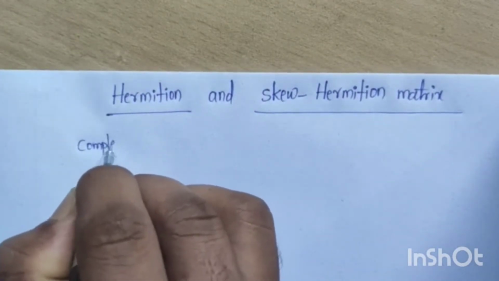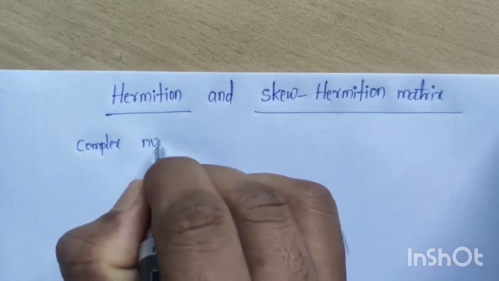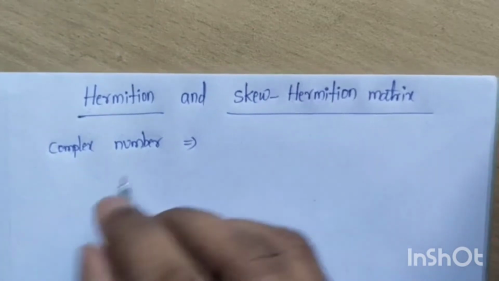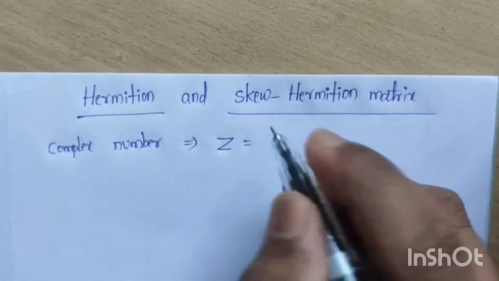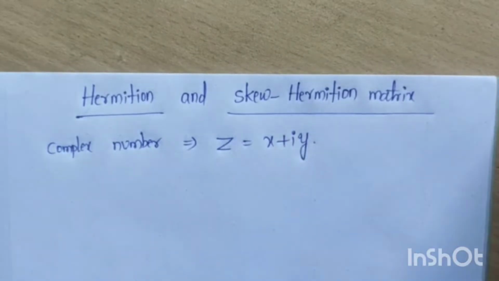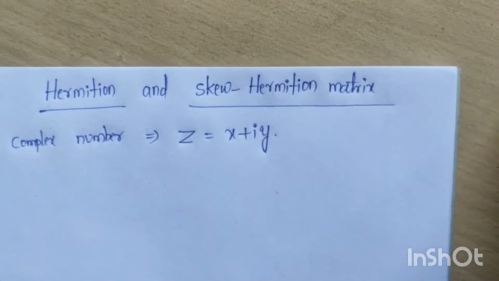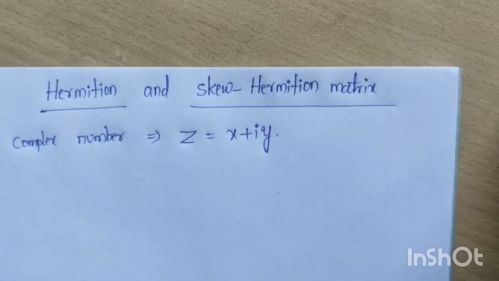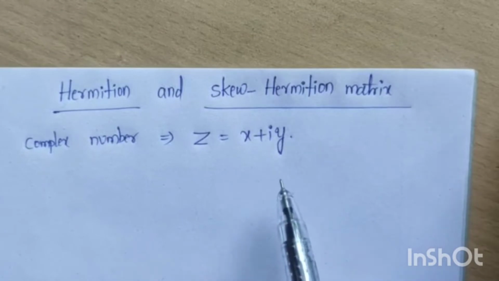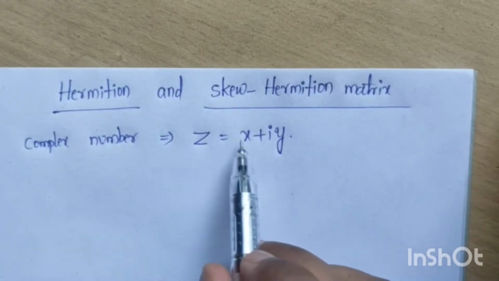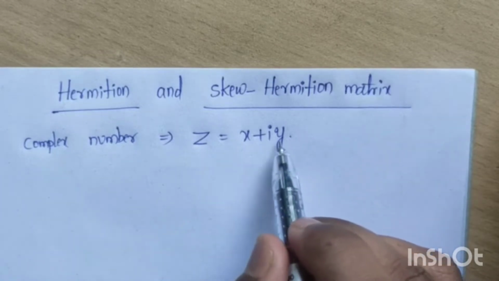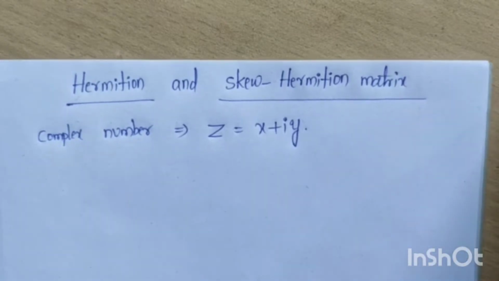Complex number: z equals x plus iy. It is a complex number. x and y are the real values. x is the real part, y is the imaginary part.